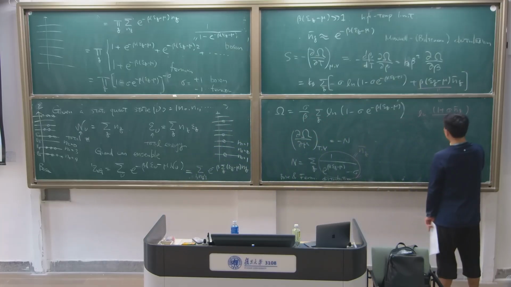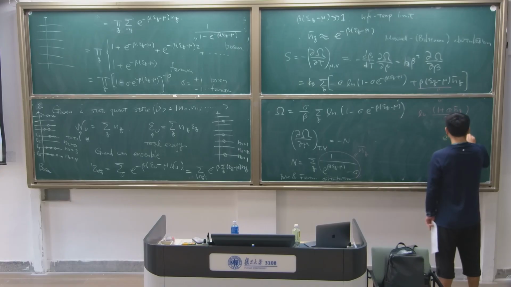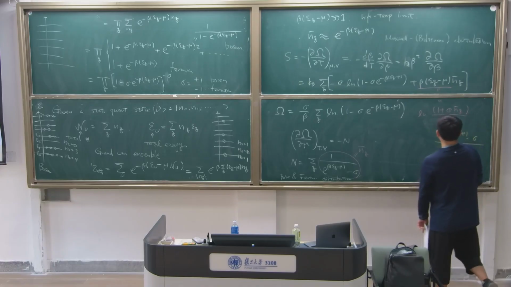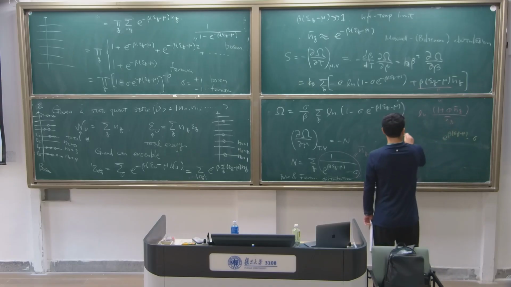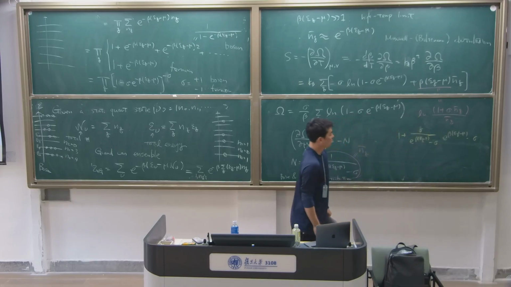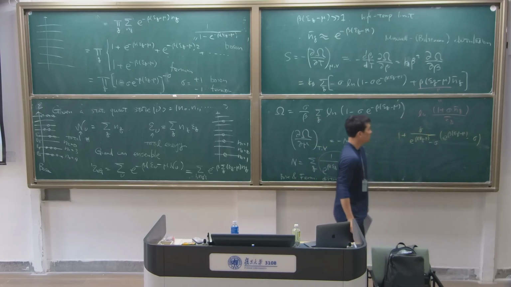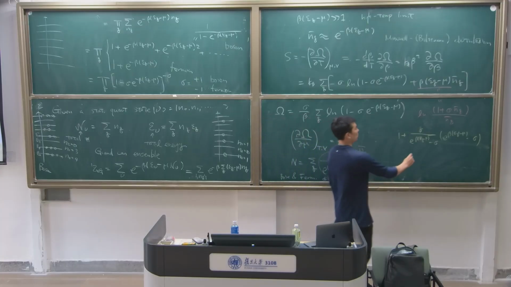So this one should be e to the beta (epsilon q minus mu) minus sigma, divided by one plus one minus sigma e to the beta (epsilon q minus mu) minus sigma. Do you agree with me? Of course, like this.